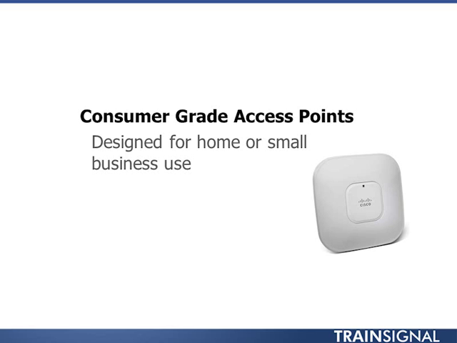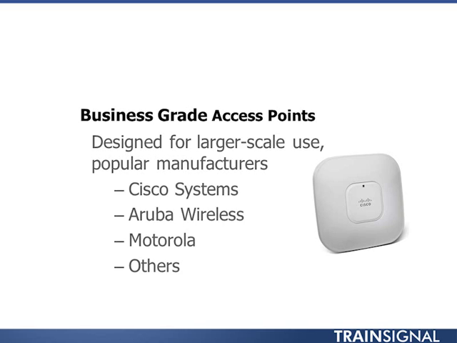In a business environment, so at home I run my small business office, and so I want a business grade access point, and so I forked out and spent about $150 and have an access point which has a lot more features and capability on it. In larger settings, such as corporate environments, you want to go to a higher quality one, and some of those can be somewhere between $600 and up, depending again on the features and capabilities.